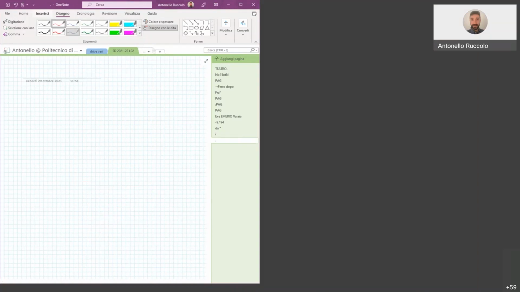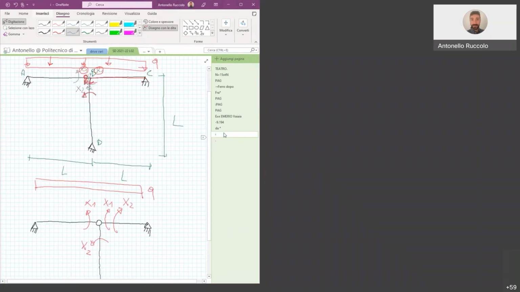Now, what do we have to say? Obviously, the compatibility equations will need to ensure that we have no possibility to have mutual rotation in the node B. Maybe it is better to look at it.